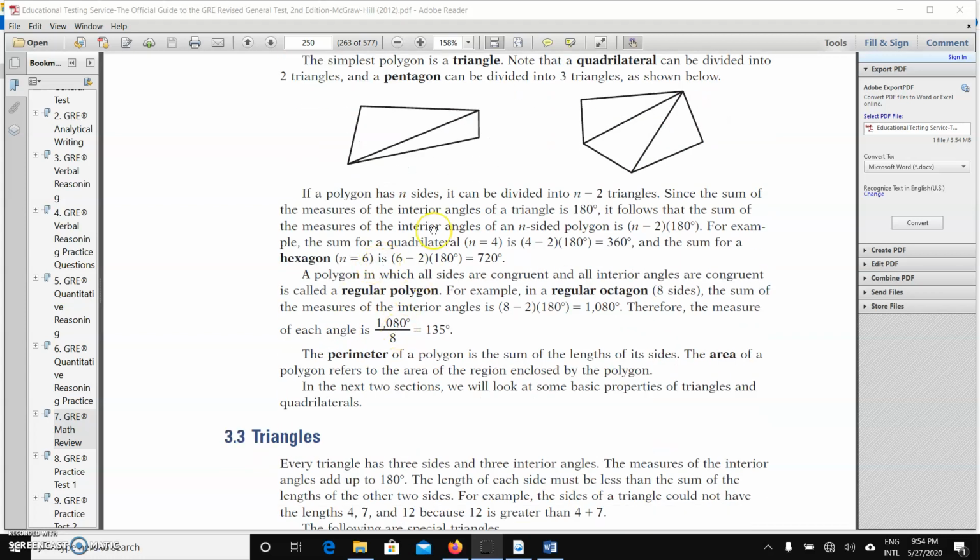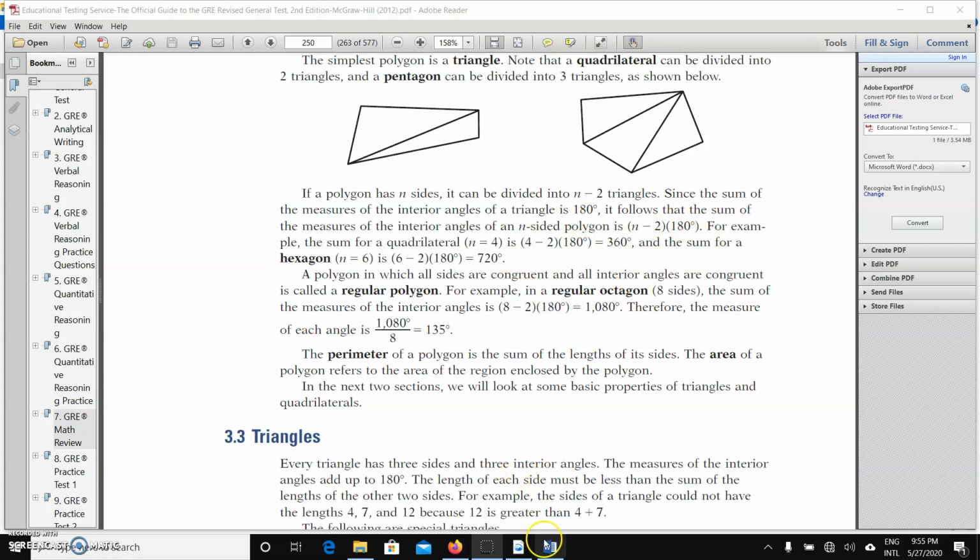Now, you need to understand some things. If a polygon has n sides, it can be divided into n minus 2 triangles. Since the sum of the measures of the interior angles of a triangle is 180, it follows that the sum of the measures of the interior angles of an n-sided polygon is n minus 2 times 180.